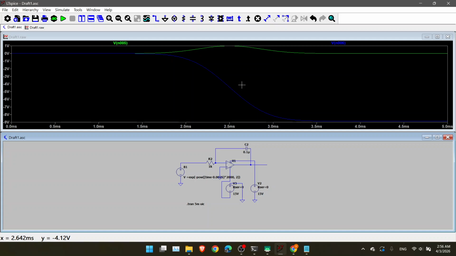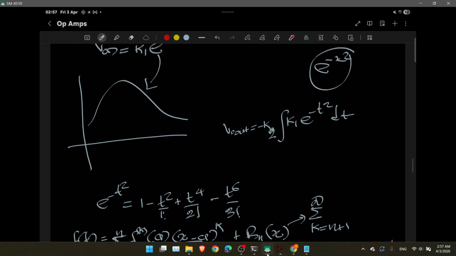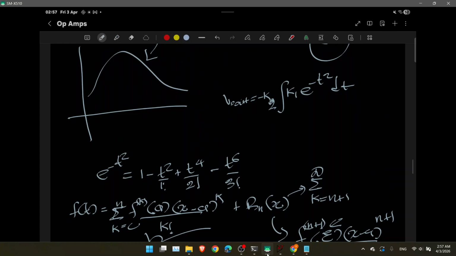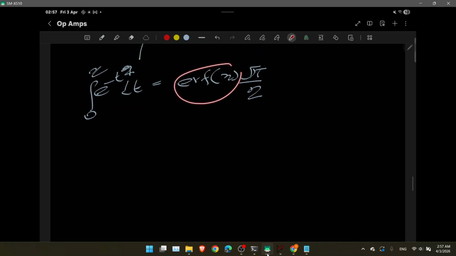Even though this is a mathematically important function, mathematicians say this integration cannot be done directly, so we give it a new name and define something new, and here we get something.